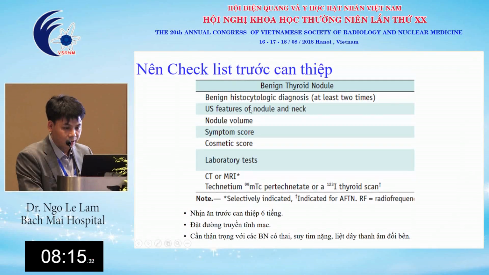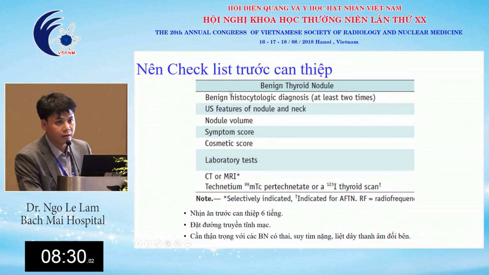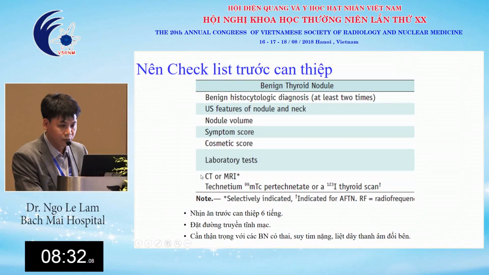So after we are sure the patient has an indication, like benign characteristics, we have the volume, the clinical symptoms, the laboratory tests, and CT or MRI. Then the patient must fast 6 hours before the procedure.